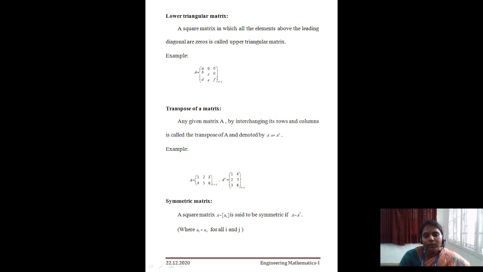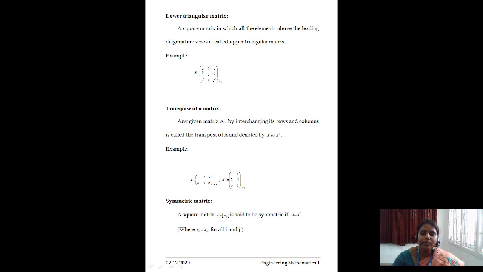Take the matrix A, row wise 1, 2, 3, and the second row elements are 4, 5, 6. When it is transposed, 1, 2, 3 will become the first column, then 4, 5, 6 will become the second column. So A transpose, row wise I am reading out, 1, 4, 2, 5, 3, 6. So a 2 cross 3 matrix will become 3 cross 2, which means the number of rows and the number of columns are interchanged.